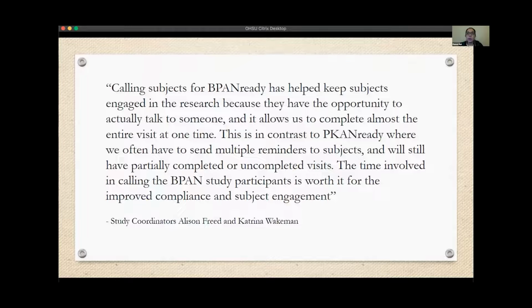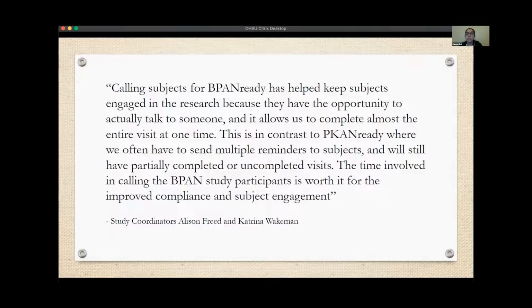And one of our early concerns for incorporating phone calls as part of this was what kind of impact that would have on the amount of work for our study coordinators, and would that impact be worth the effort they were putting in. And our coordinators have told us that it is absolutely worth it.